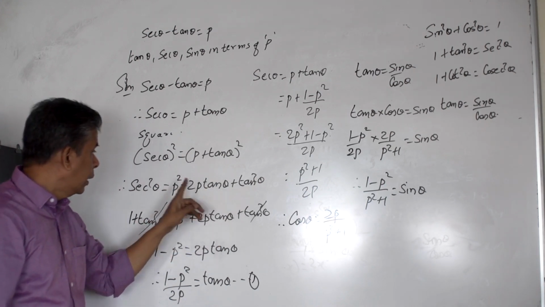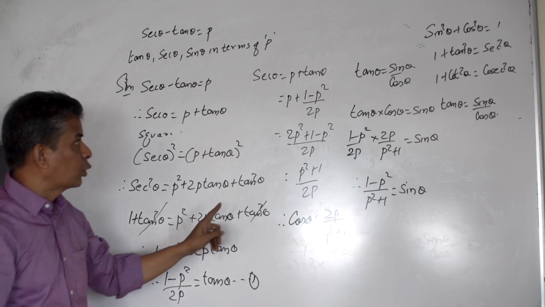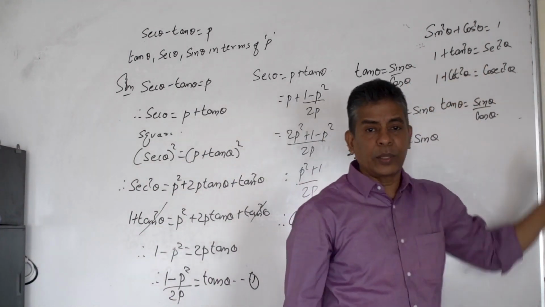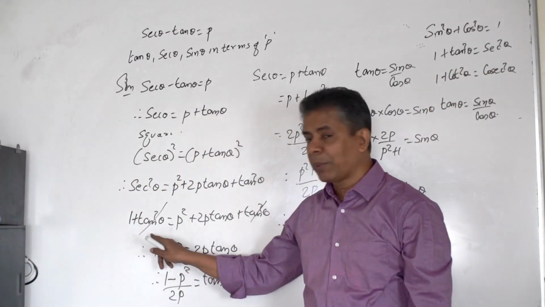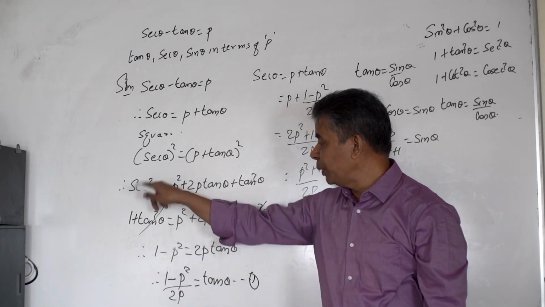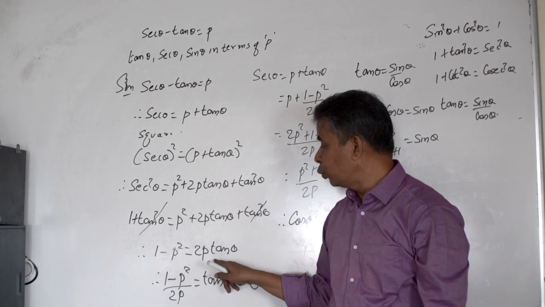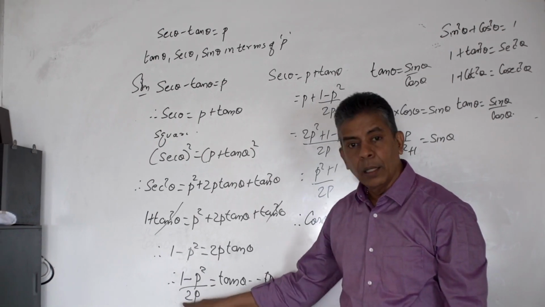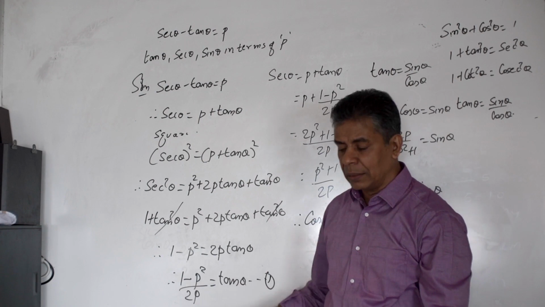Now here this sec square is written as 1 plus tan square. 1 plus tan square is sec square. So I write here sec square is 1 plus tan square. Both tan square cancel, so 1 plus p square, with the minus on the other side, is equal to 2p tan theta. So 1 minus p square upon 2p is tan theta.